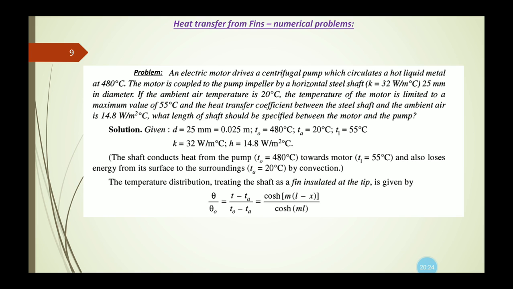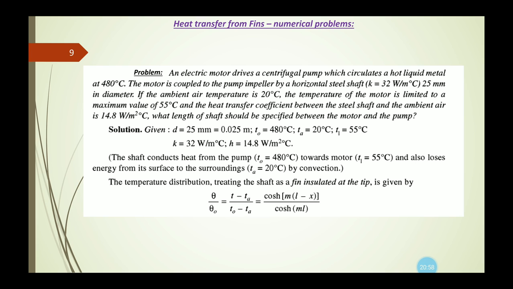The ambient air temperature is 20 degrees centigrade, the motor temperature is limited to a maximum of 55 degrees centigrade, and the convective heat transfer coefficient between the steel shaft and the ambient air is 14.8 watt per meter square degree centigrade. We need to calculate what length of shaft should be specified between the motor and the pump.